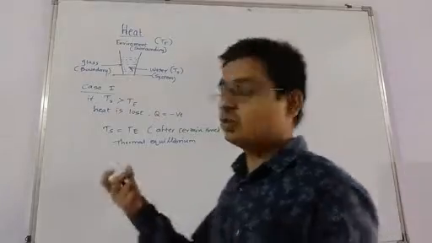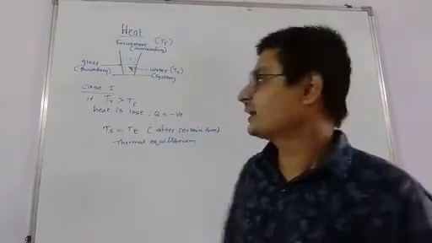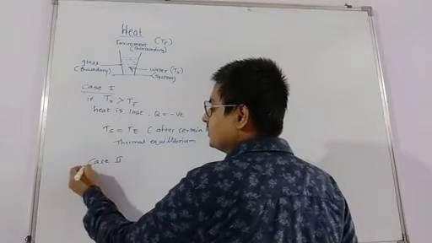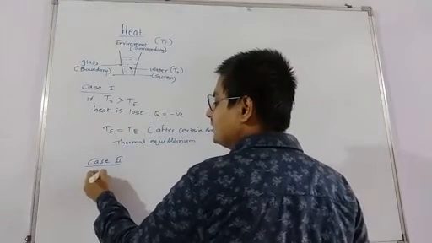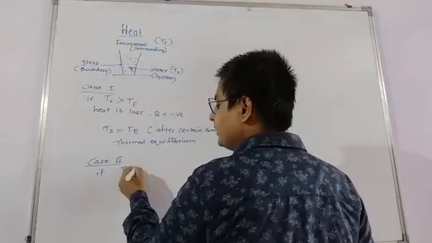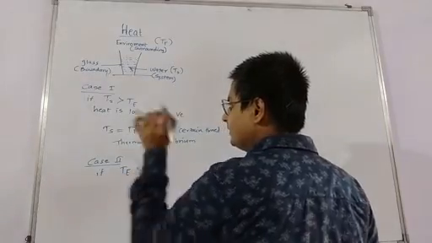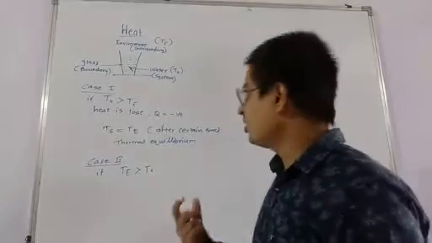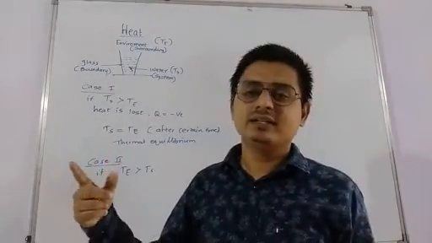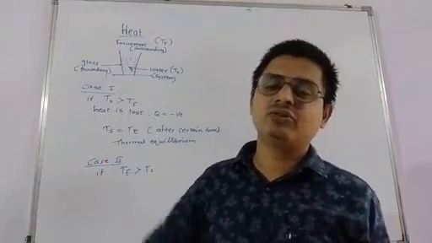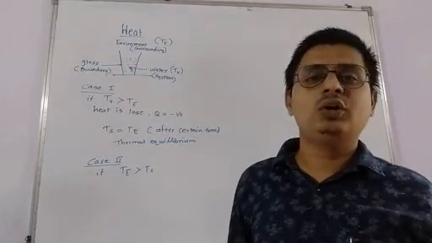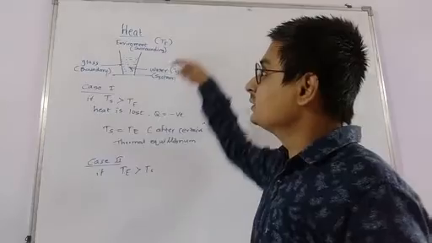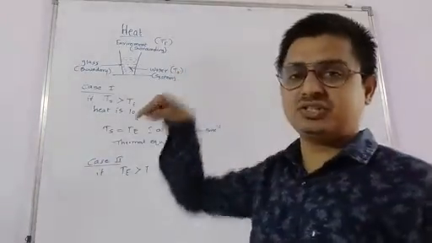Now case 2: if TE is greater than Ts. What does it mean? The temperature of the surrounding is greater than the temperature of the system. No doubt there will be a transfer of heat from the surrounding to the system.